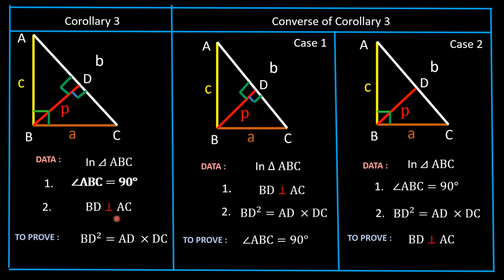Let us take a copy of that and place it here. In other words, we have two conditions under data of corollary number 3. We can make any one of them a data, so that the other one will become to prove. So here, with BD perpendicular to AC as data, we have to prove angle ABC is 90 in case 1, whereas angle ABC is 90 in case 2 is data, and we are going to show BD perpendicular to AC.